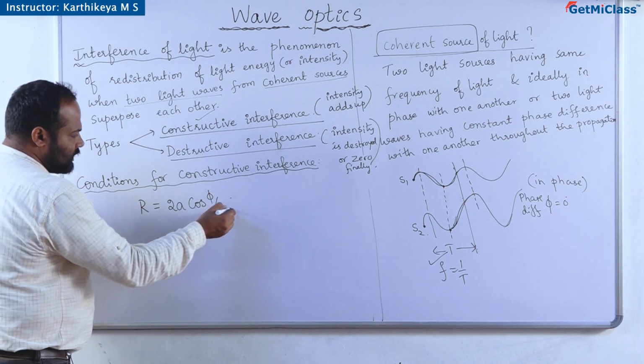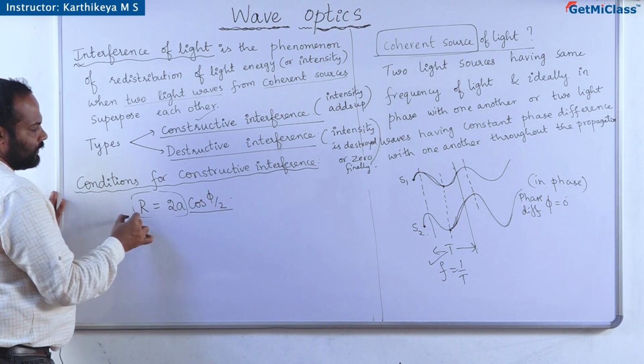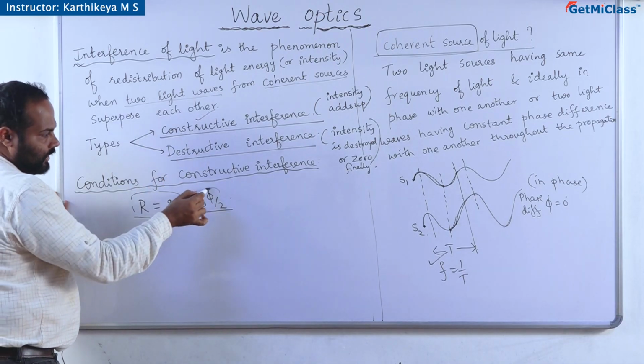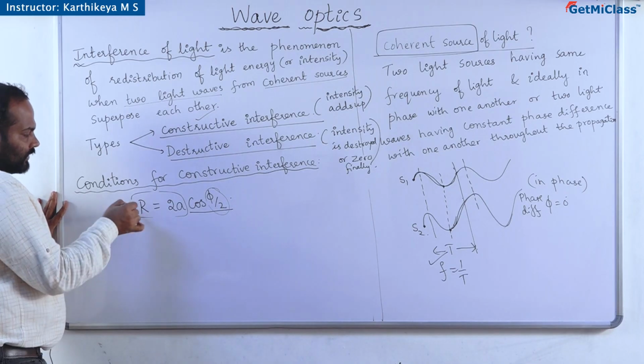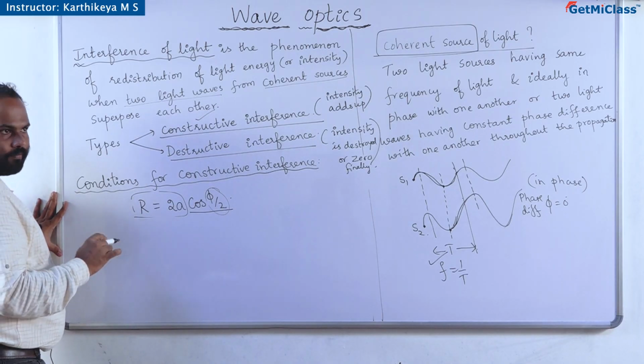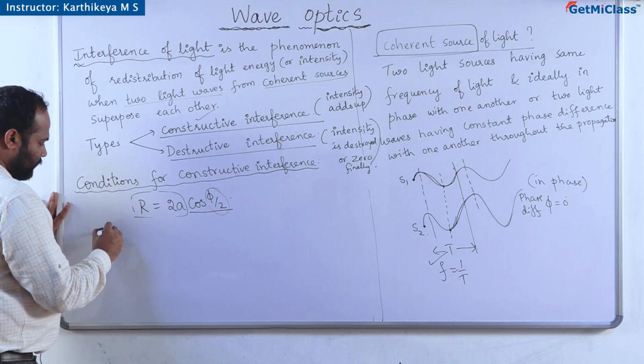When cos is maximum, resultant intensity is maximum. With the increase in the argument of the function, cos value decreases, and then resultant intensity will be minimum, because intensity is directly proportional to the resultant amplitude.